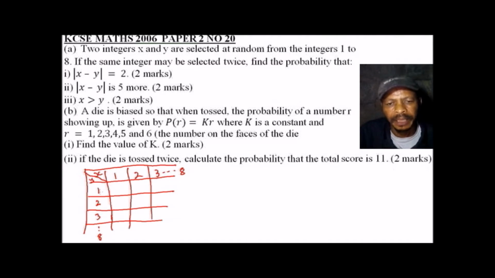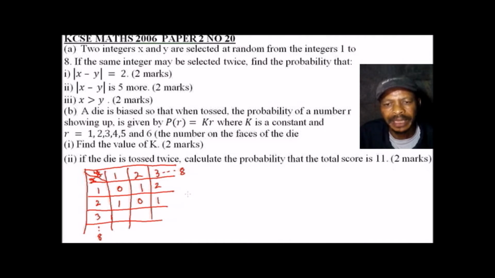Then you can fill it. For example, let's use this as our y, and that is our x. 1 minus 1 is 0. 1 minus 2 is minus 1, but because it is magnitude, we ignore the negative sign. 1 minus 3 is 2, you ignore the negative sign. You continue like this. 2 minus 1 is 1, 2 minus 2 is 0, 2 minus 3 is 1.